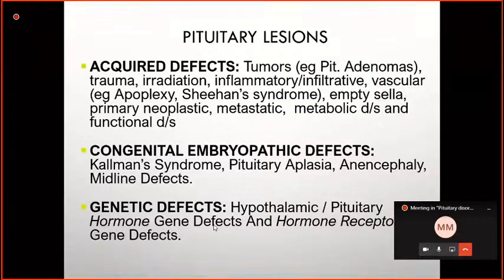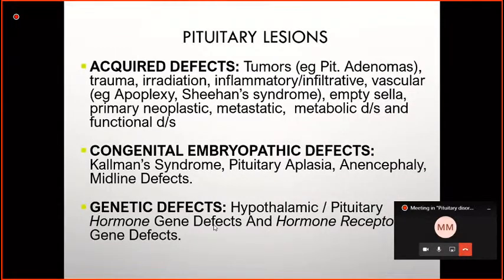So other defects. You can also have metastatic tumor on the pituitary gland itself. All right. Other defects are congenital defects such as Kallmann syndrome. We are not going to talk about it. Okay, pituitary aplasia.